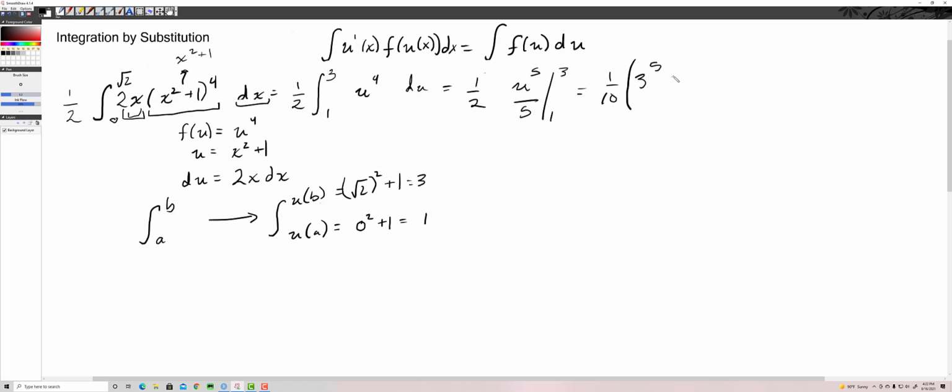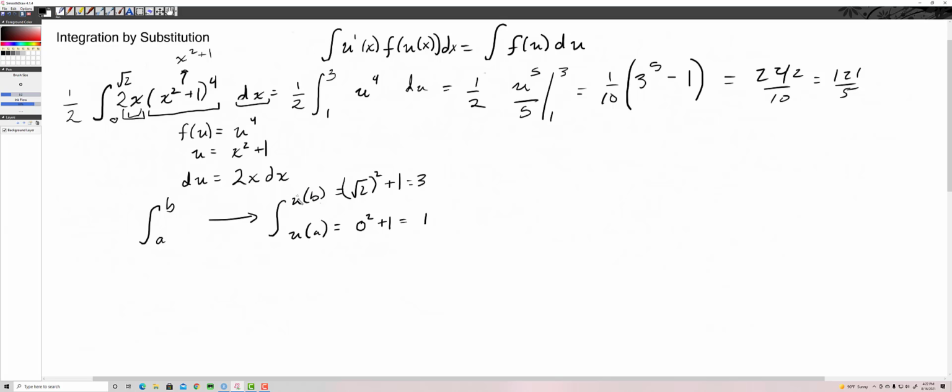And this becomes 3 to the 5th minus 1 to the 5th, which is just 1. And I'm not going to bother calculating that out. I think it's, what is that? That's 9 squared times 3, so 243. I guess I might as well. That's 242 over 10, or 121 over 5, or something like that. Anyway, so you get the idea.